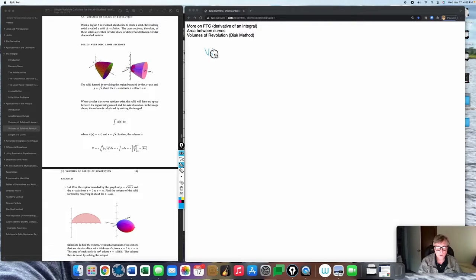So we'll find the volume of the solid formed by rotating the region between y equals the square root of the sine of x and the x-axis on the interval from 0 to pi.